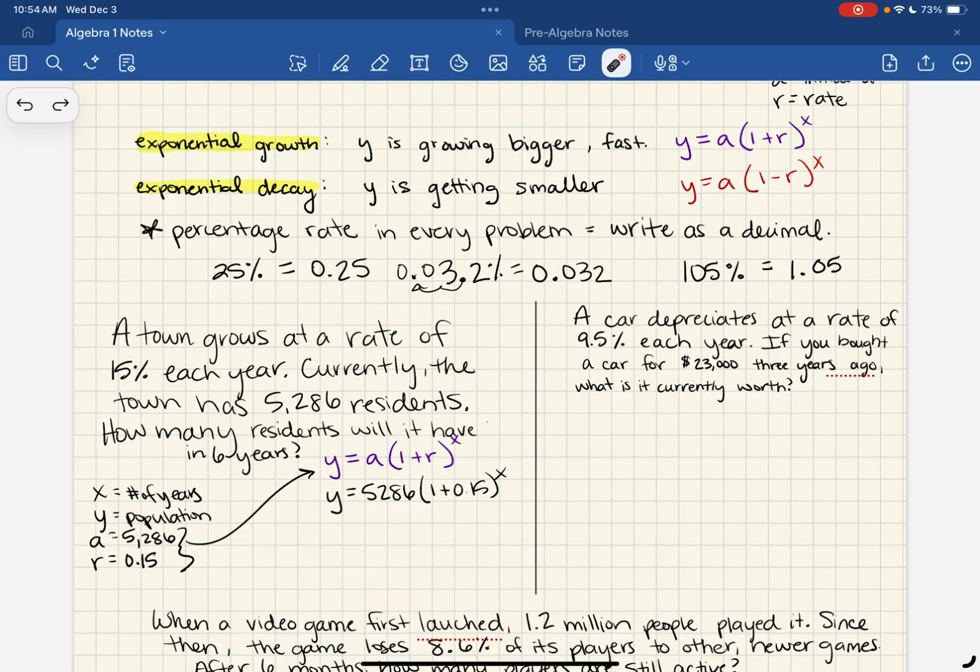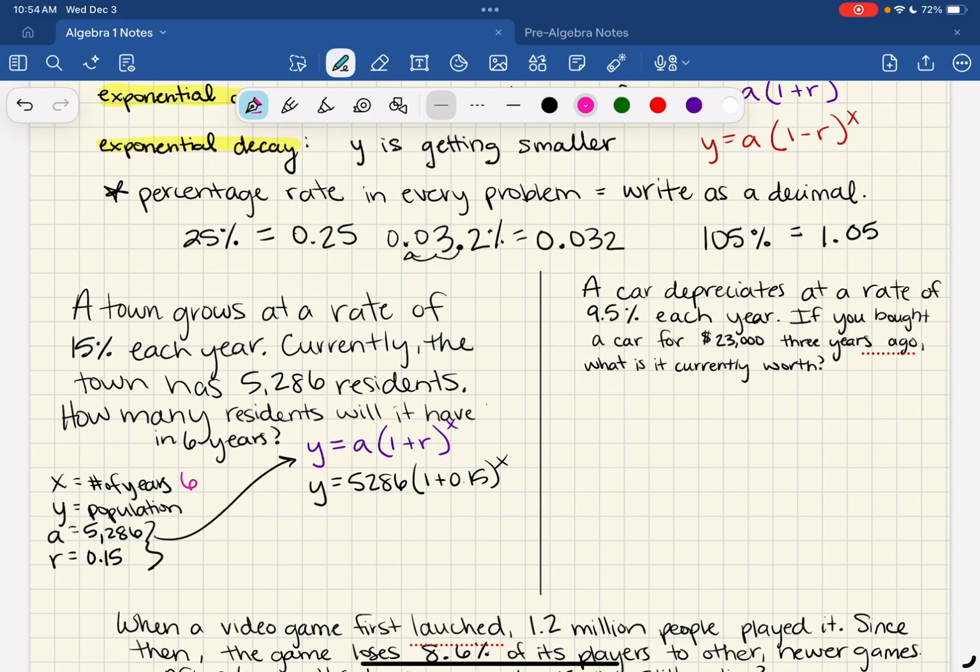But what does our question ask us to find? Our question asks us to find, after 6 years, how many residents are in this town. So what am I going to do with that 6? Good, I'm going to plug it in right there.